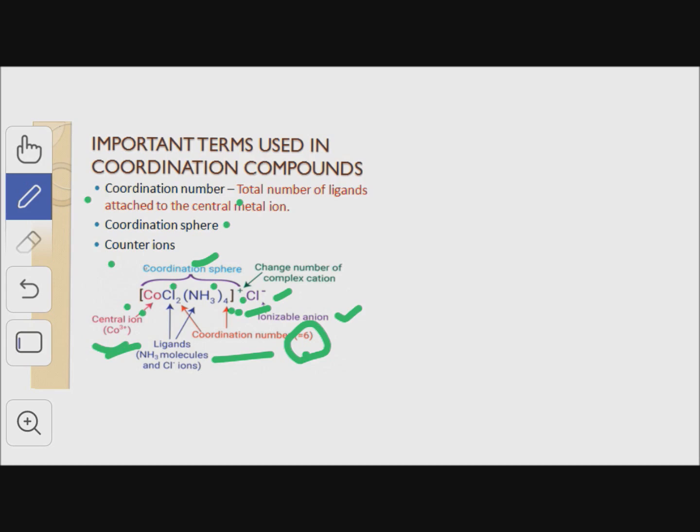How can you calculate the oxidation number of the central metal ion?